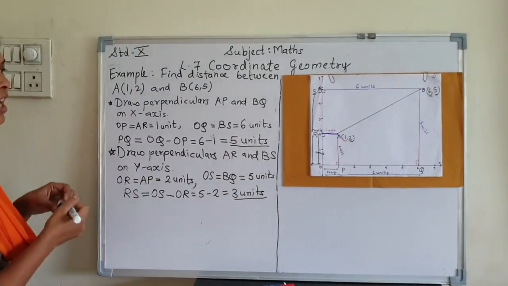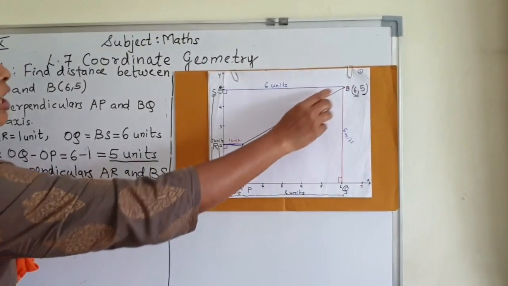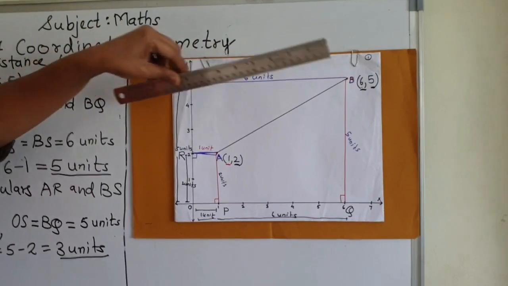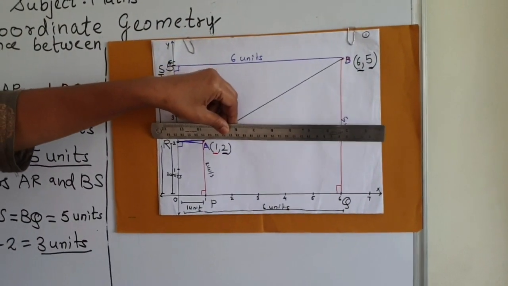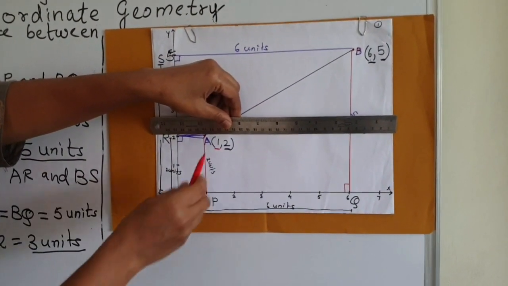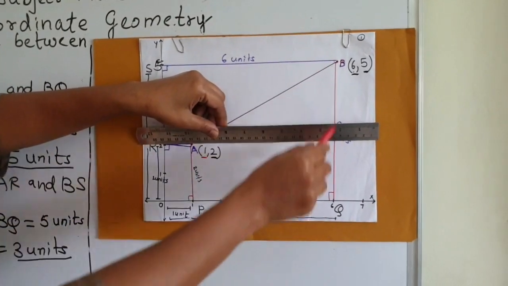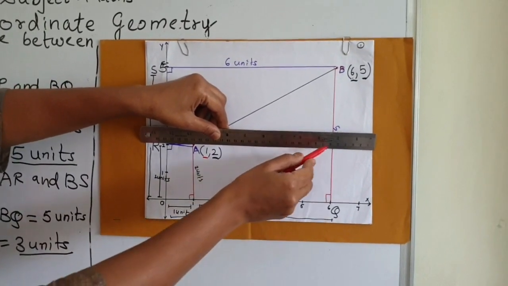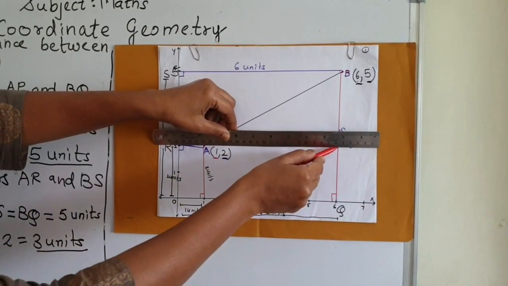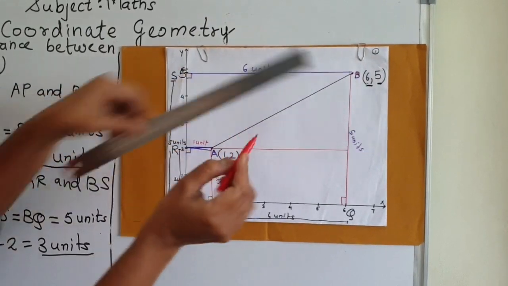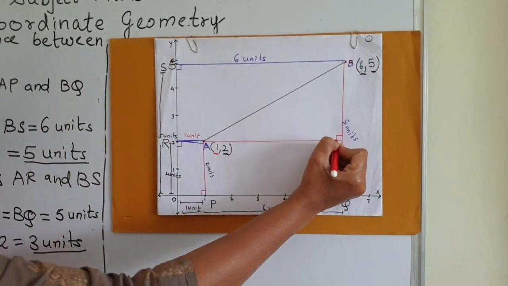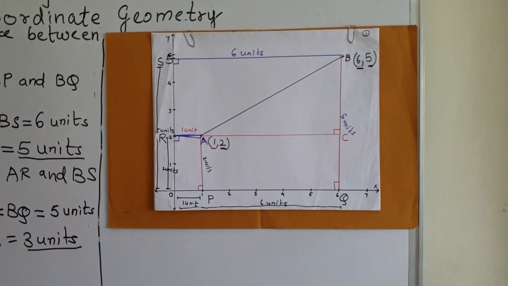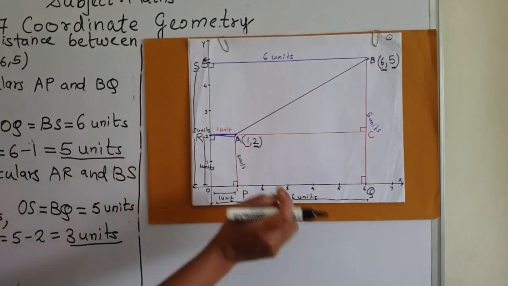Now what next? We have not got the distance between A, B still now. So the next thing we do, we are drawing a perpendicular from point A on this perpendicular BQ. So this is a perpendicular drawn which is meeting here at point C. And then what we get here?